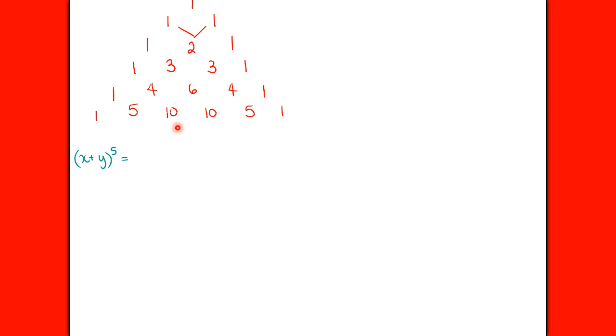So you've already got your 1, 5, 10, 10, 5, 1. Then we're going to go through and let our x's decrease by 1 and our y's increase by 1. So if I'm on the fifth row, then I'm going to start with x to the fifth, and my x's are going to each decrease by 1.